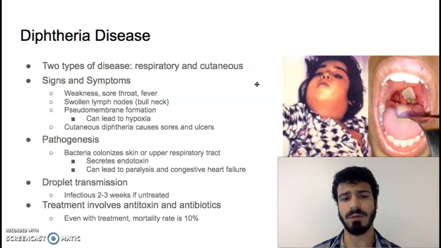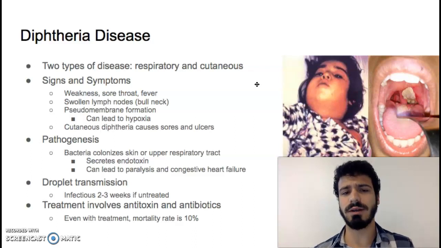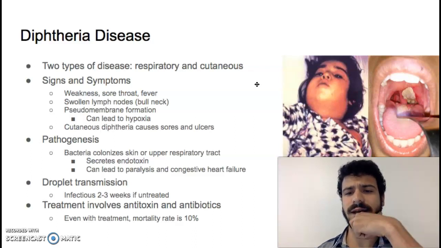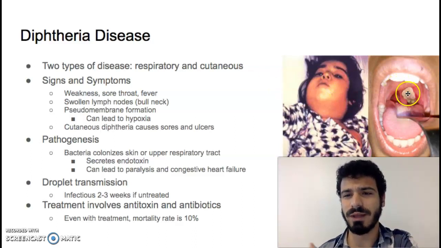It can also lead to pseudomembrane formation, which is another hallmark of diphtheria, which is actually how it gets its name, from the leathery hide, which is what diphthera meant. That pseudomembrane formation occurs from cellular death from the toxin which the bacteria produces.